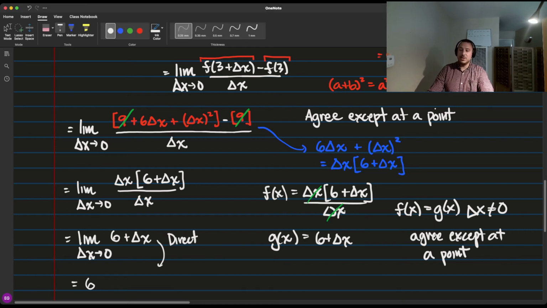And I can direct substitute because it's a polynomial, because I'm not dividing by 0. Okay, which means, what was the slope of the tangent line at 3? Yep. So 6, you have to remember what this number means. The 6 is the slope of f of x equals x squared at x equals 3, or the slope of the tangent line.